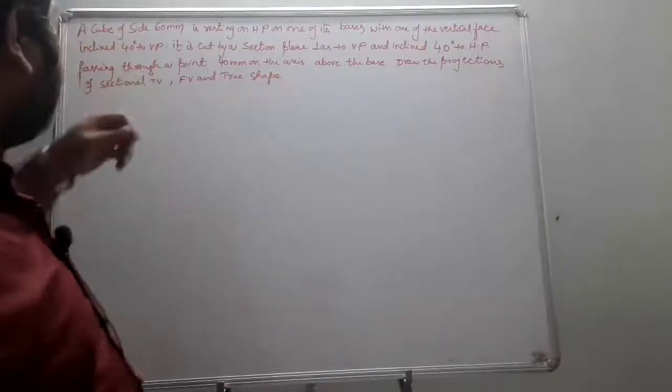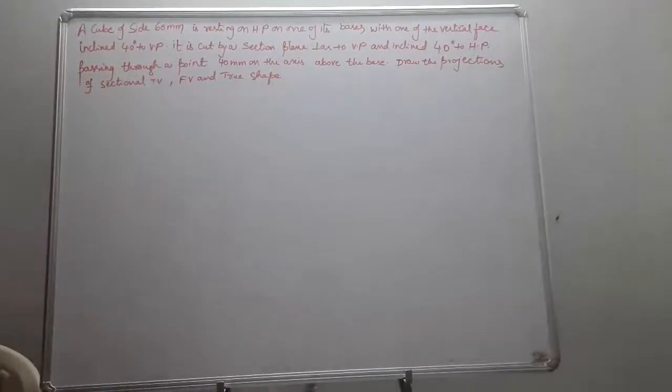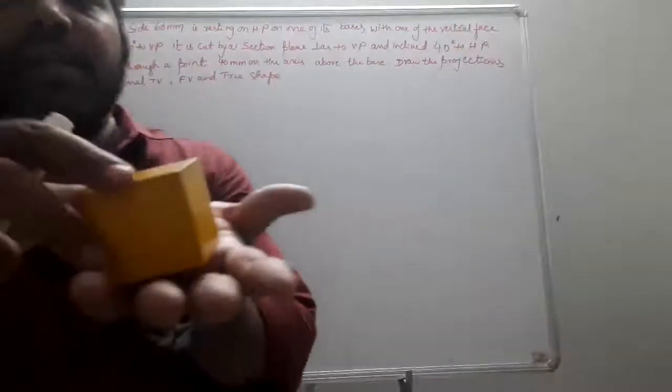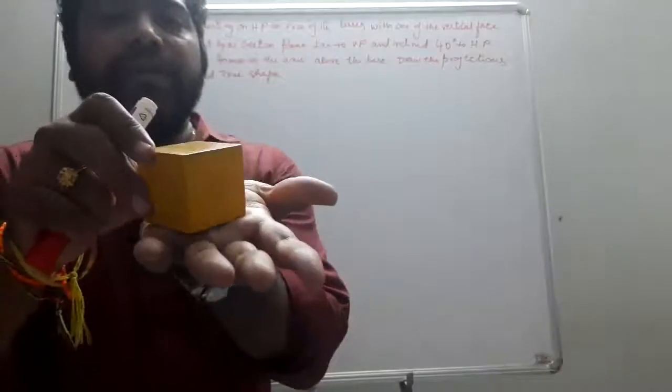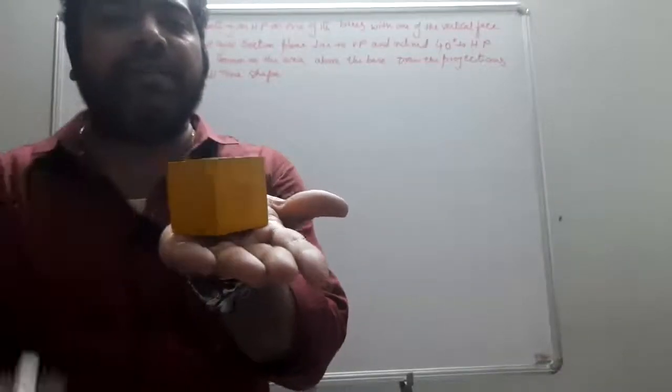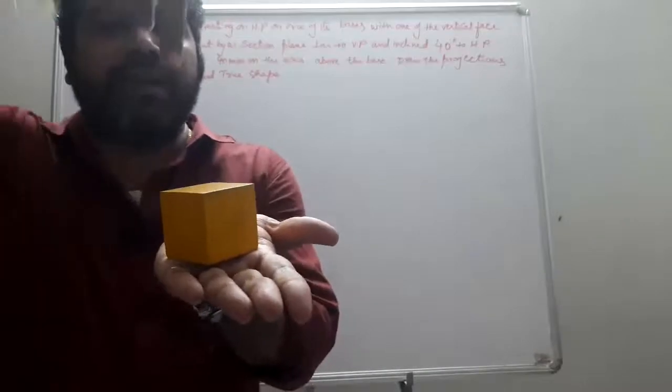First of all, the vertical face is inclined 40 degrees to VP. Which view gives the true shape? When your vertical face is inclined, this inclination is seen only from the top view.